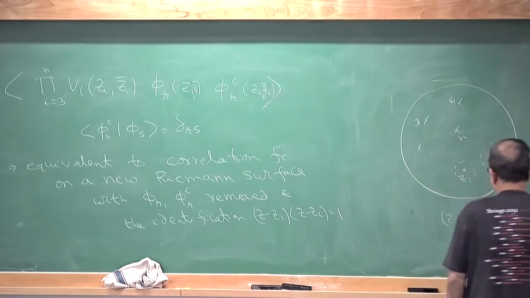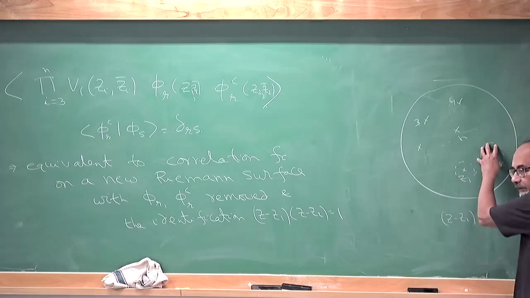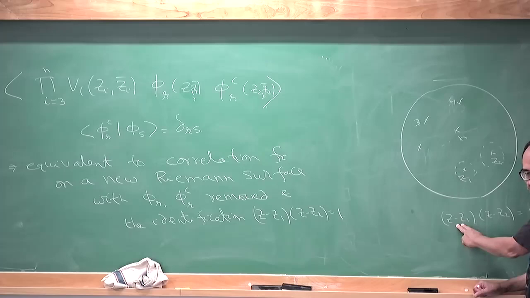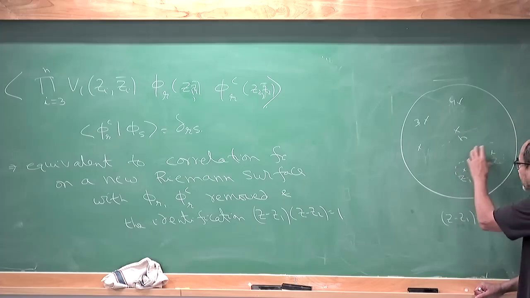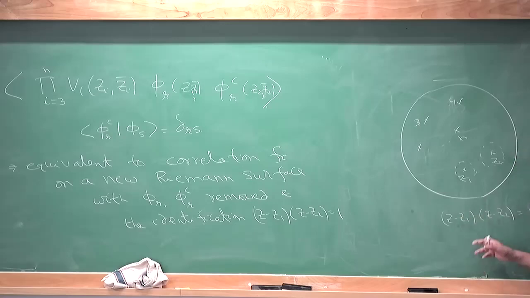Which means the following: you take this circle and you identify it with this circle, because if mod z minus z1 is equal to 1, then mod z minus z2 is equal to 1. So this circle is identified with this circle, with the phase appropriately adjusted, because it's going in the opposite direction. The phase of this is opposite to the phase of this.